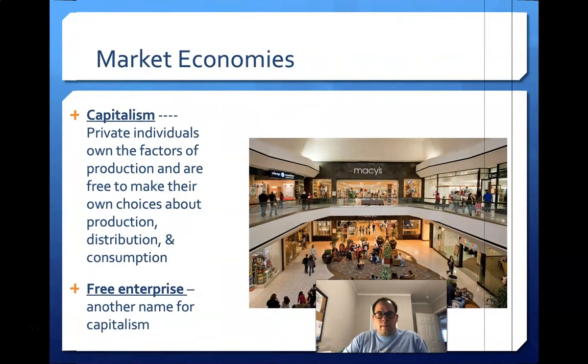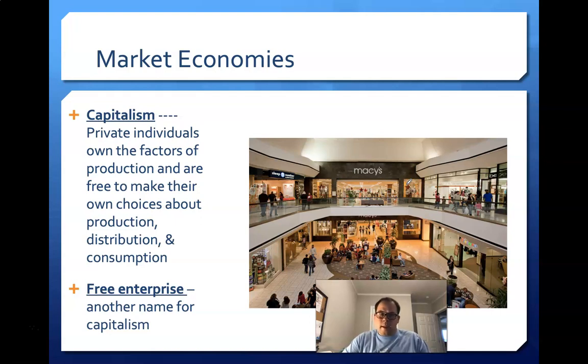A market economy, otherwise known as capitalism, is where private individuals own the factors of production and are free to make their own choices about production, distribution, and consumption. Another name for this is free enterprise, or people make the decisions for themselves.